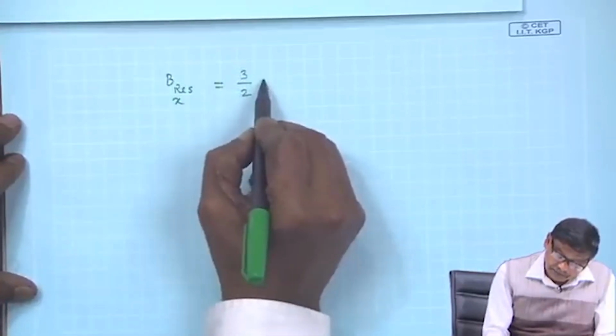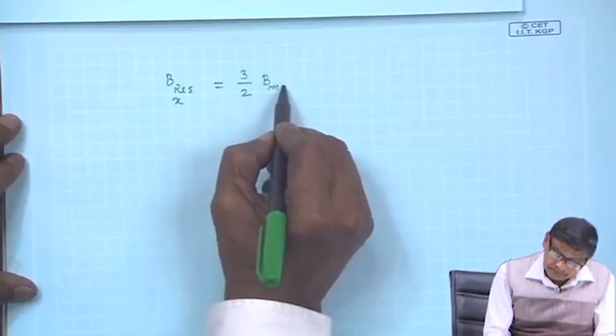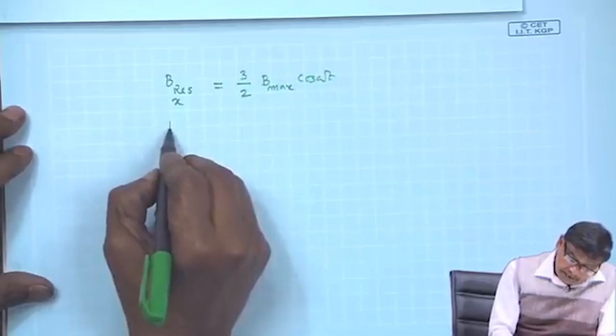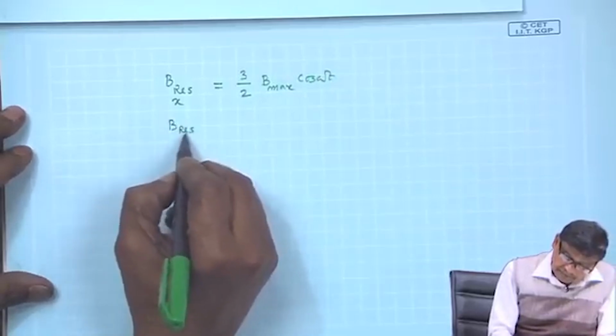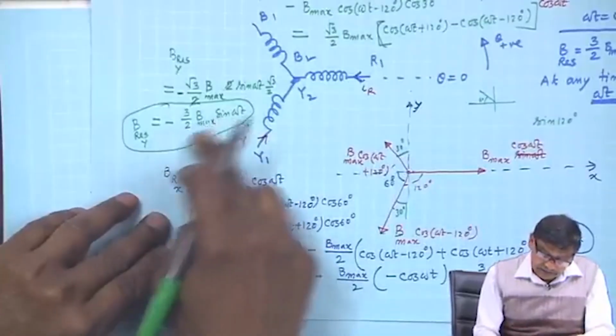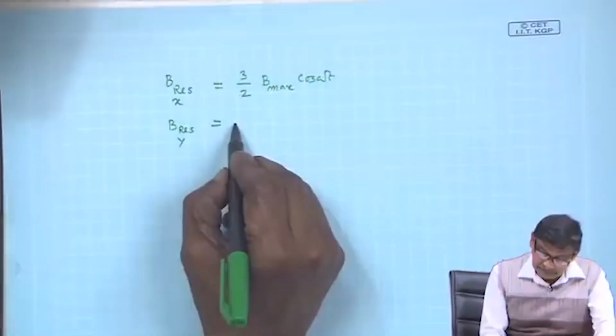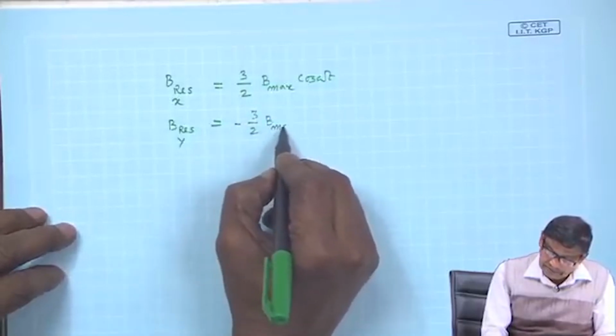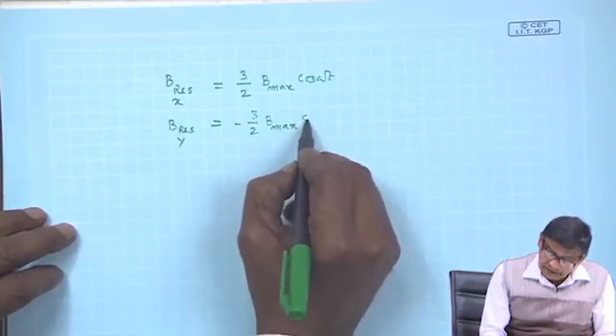So, finally, what we have got is this B resultant x component is equal to 3 by 2 B max cos omega t, and B resultant y component I have calculated, which is minus 3 by 2 B max sin omega t.